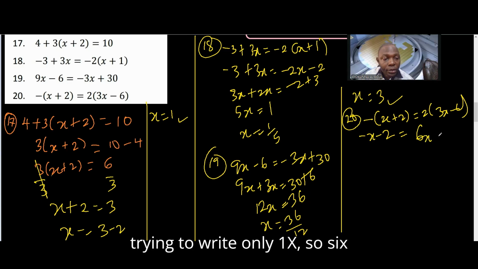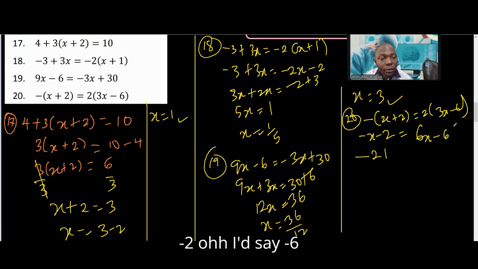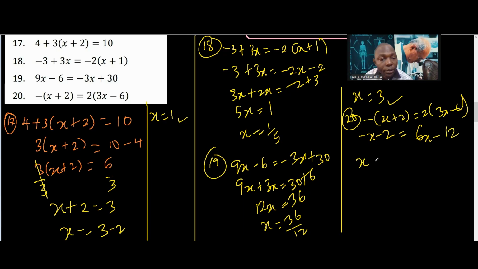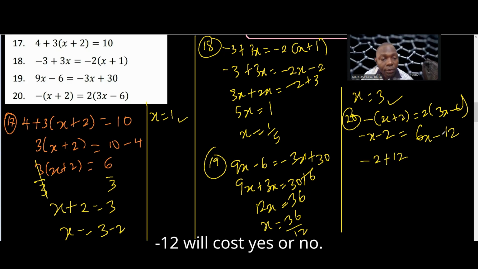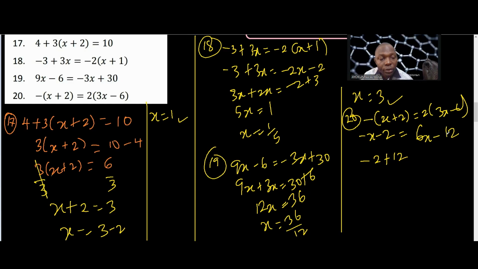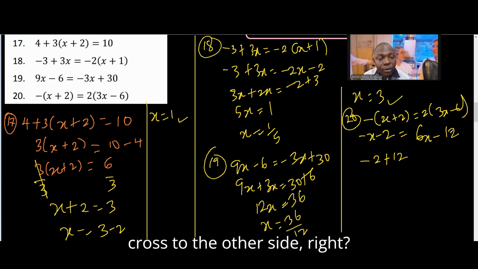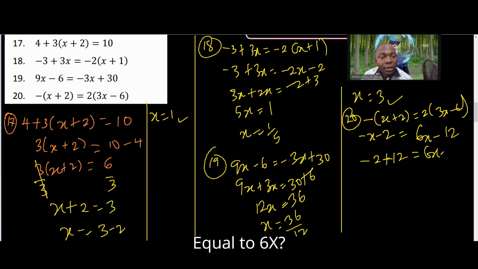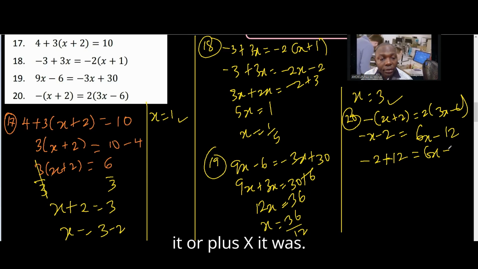So 6x minus 6. Then minus 2. Oh, wait. I said minus 6 minus 12. So then minus 2 minus 12 or plus 12, because this negative 12 will cross. Yes or no? Pardon? This negative 12 will cross to the other side, right? Yes. It will become what? Positive 12 equal to 6x minus x or plus x.